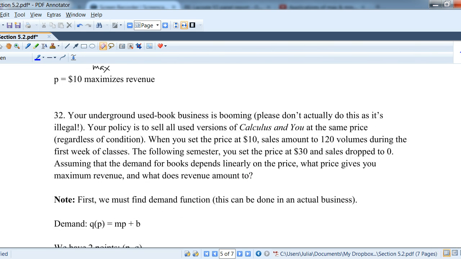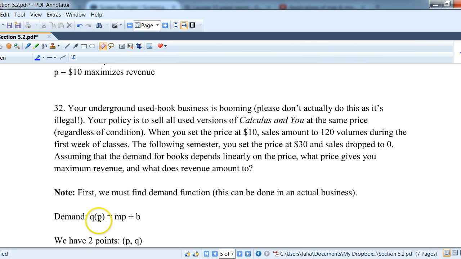So here we need to recall linear equations from chapter 1, very beginning of the course. So if your demand, which I'll call Q for the quantity, but it's really almost like y equals mx plus b, if you remember from before, but it's Q of P. I just try to be consistent with variables: Q equals m times P plus b.